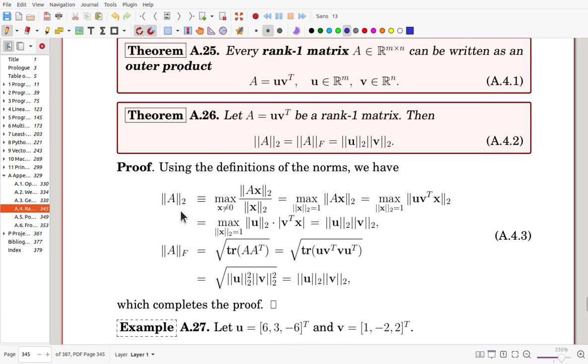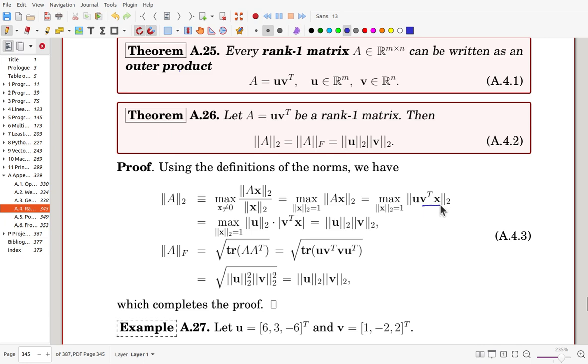The matrix 2 norm of A is defined in this way or this way. So we try to get the maximum of ||AX|| with the condition that the X 2 norm is 1. Now for this portion, here A is U V transpose, so we can get this one.